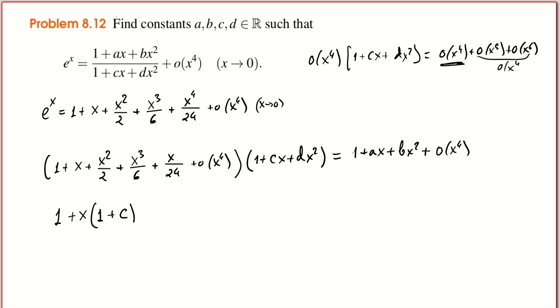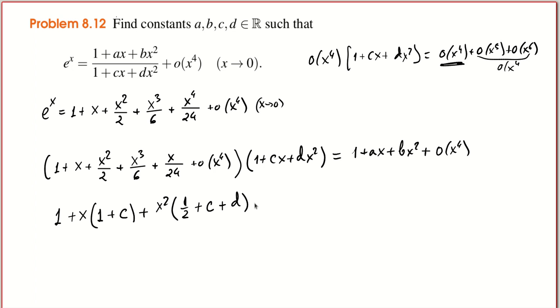So we have 1 plus c. Then we have the second power, x squared. We obtain x squared when we multiply these terms: 1/2 here, plus this times this, which is c, plus 1 times dx squared, so you get d.